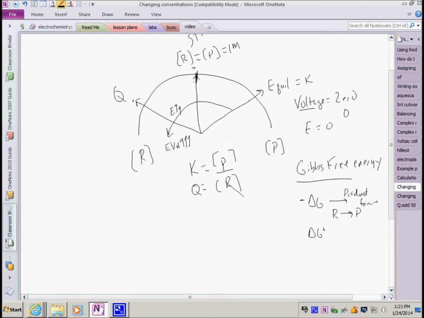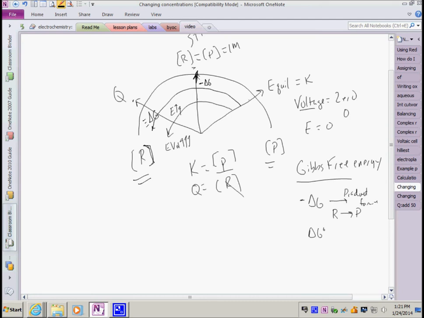Well, if we're right here and my K is right here, my ending point, this would give me, as I wind it out, a negative delta G, meaning I'm flowing from reactants to products. Given an opportunity, I'll flow back towards this point. As I change my concentrations to get farther and farther away from my end point, my equilibrium point, my delta G becomes more and more negative.